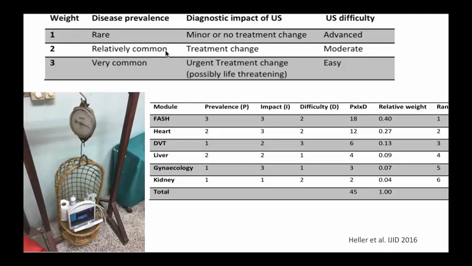There are other considerations, and one is the diagnostic impact of ultrasound. Of course, it is nice to diagnose diseases, but if this diagnosis does not change your treatment, then it is probably of less relevance than if you have an immediate treatment change due to your ultrasound findings, or even urgent treatment changes, possibly life-saving, which would be even more important.